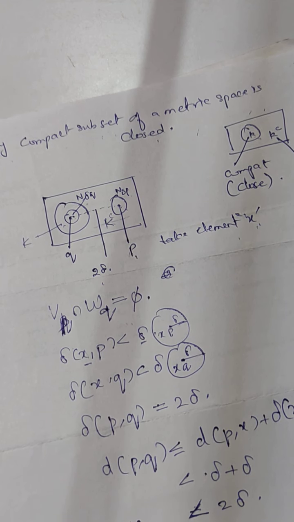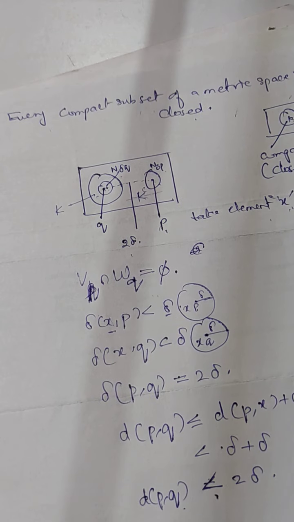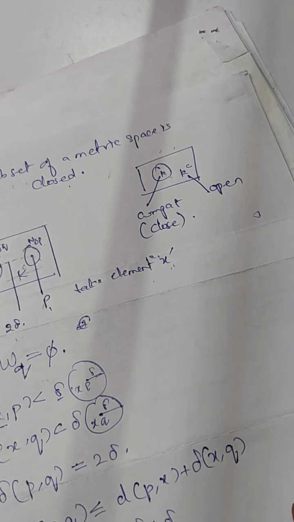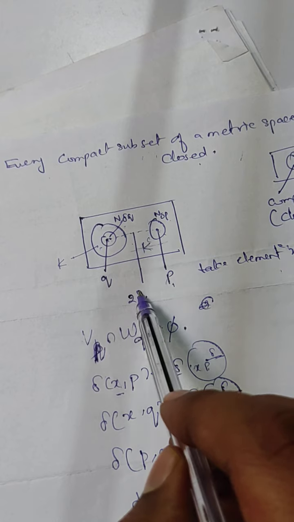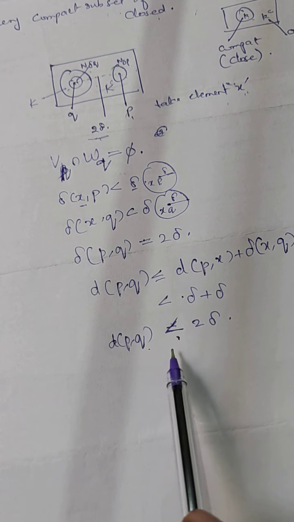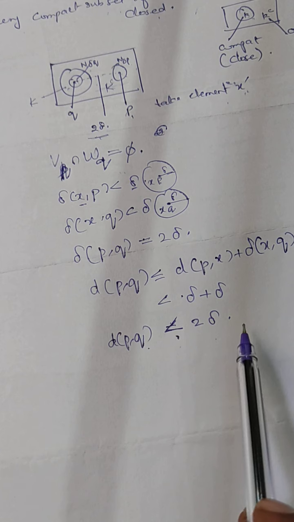Hence we got distance from P comma Q is less than 2 delta. But in the beginning, sorry, maybe I have not written it, here in the beginning I have taken the distance between these 2 points is equal to 2 delta, but what we are getting, the distance between these 2 points is less than 2 delta, so hence we got the contradiction.